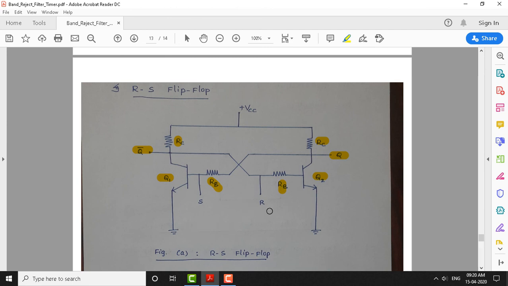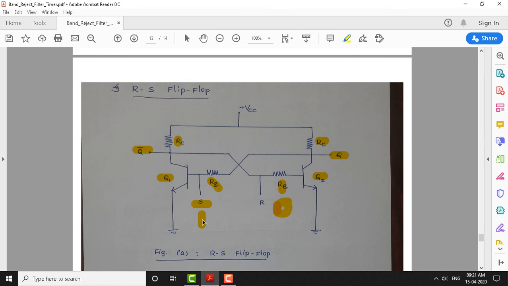Now let us see how the circuit works. The function can be explained by assuming some states. Let us assume S is equal to 1 and R is equal to 0 is applied here. S equal to 1 means it is a high pulse.